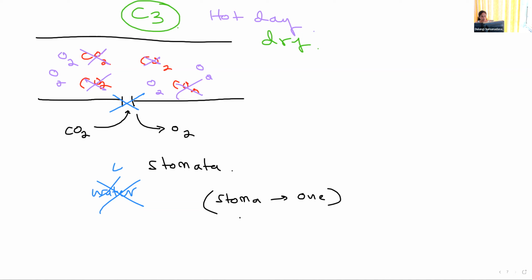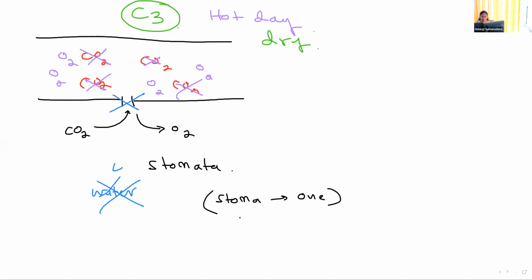But if a plant is permanently living in a hot and dry environment, like the desert plants, they must have an adaptation. Is this clear?